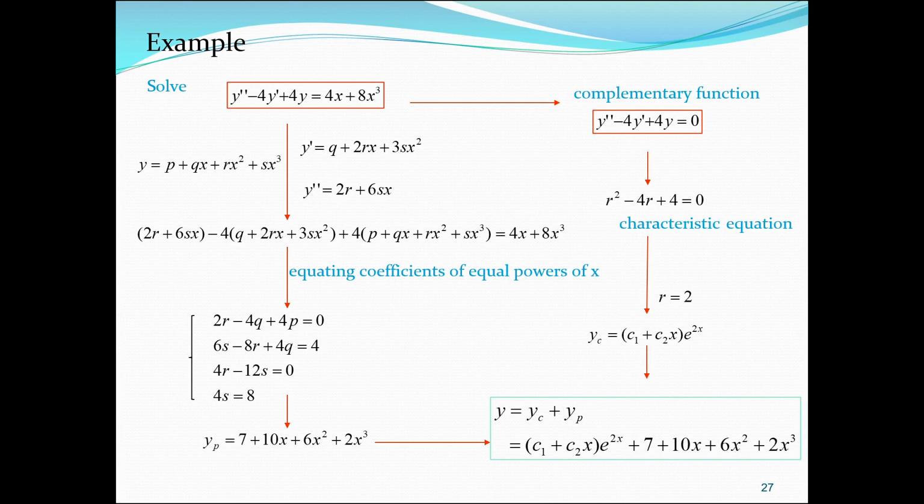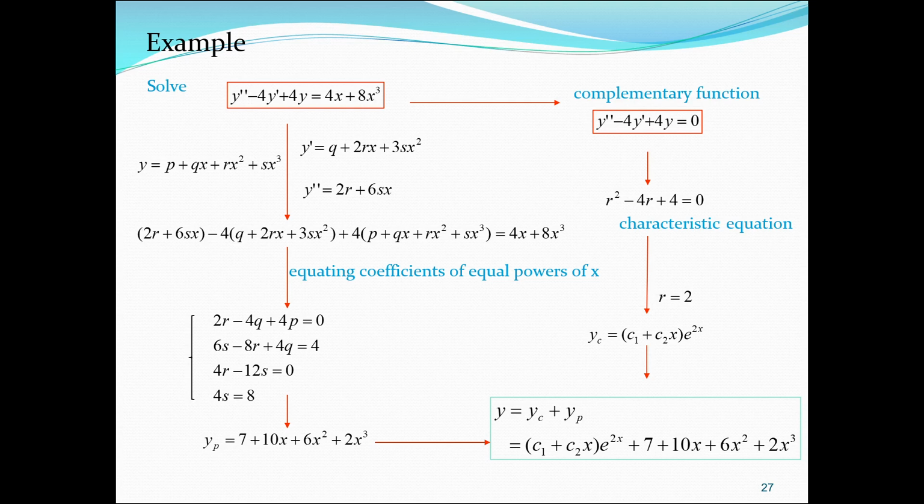So the equation is y double dash minus 4y dash plus 4y equal to 4x plus 8x cube. Now we find y dash, y double dash and y. So we get the characteristic equation y double dash minus 4y dash plus 4y equal to 0, that is r square minus 4r plus 4 equal to 0. We solve that equation, r equal to 2.